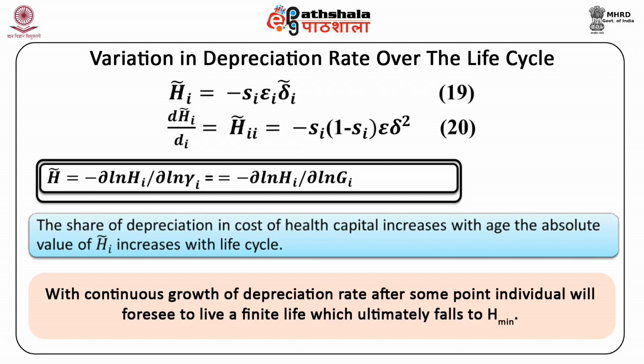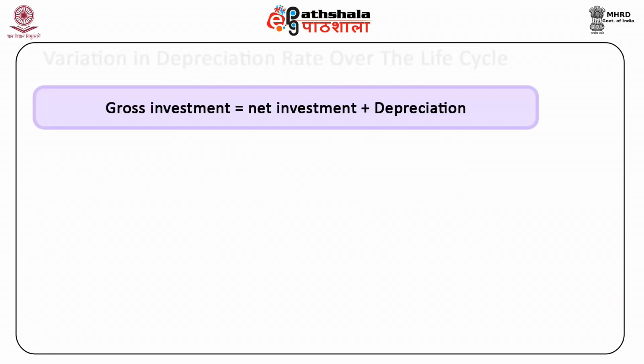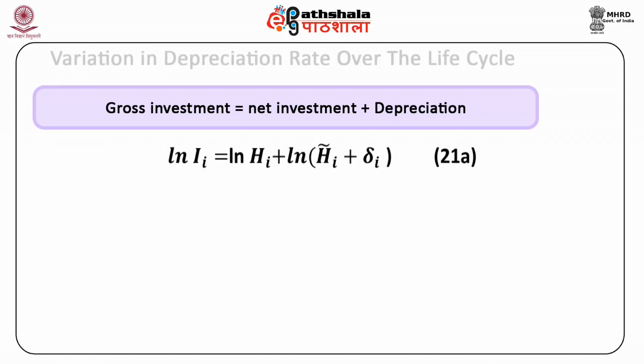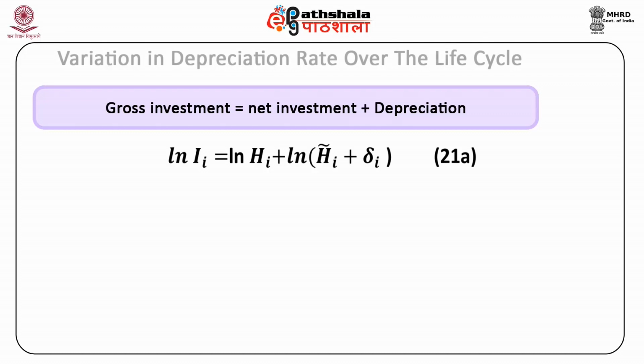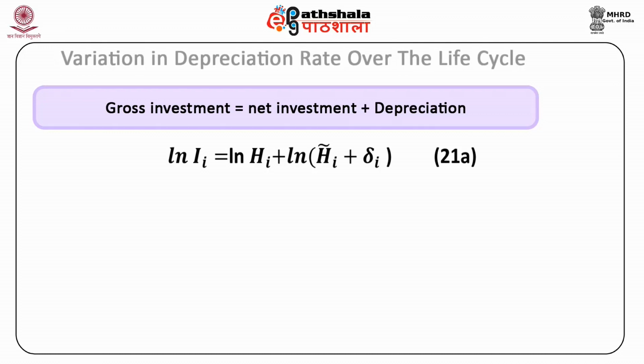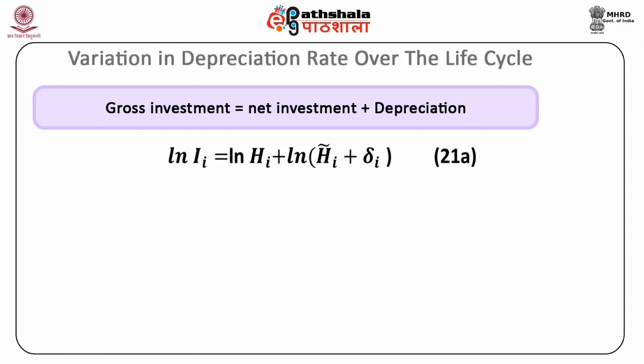When the supply change is less than the demand change, the individual will increase gross investment. Gross investment is equal to net investment plus depreciation. Log of Ii is equal to log of Hi plus log of H tilde i plus delta i. Equation 21a.